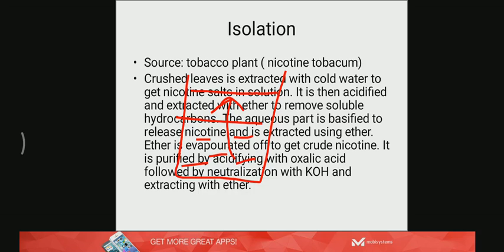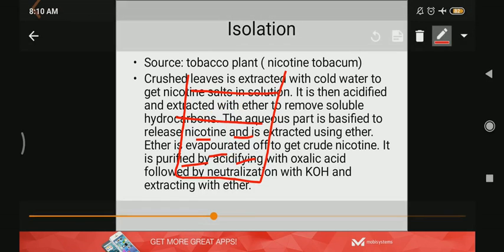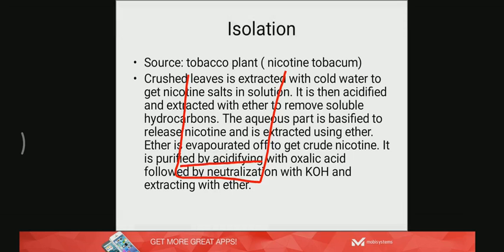What do we do? Again we take this impure nicotine in this beaker. Of course, only a very small amount of nicotine you will get after all. And then you add oxalic acid. That means you acidify. So again nicotine will go into an aqueous solution because it turns into oxalate.